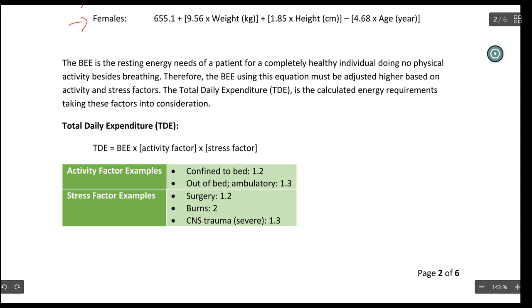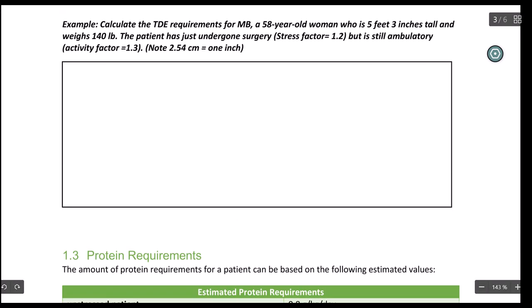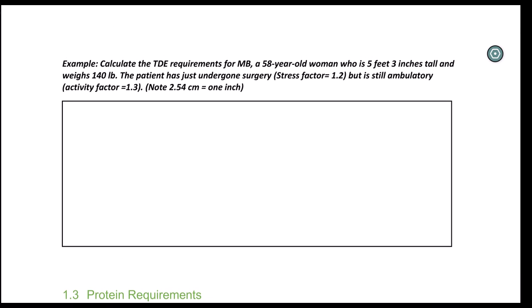If the person had surgery, was a burn victim, or had severe CNS trauma, you would also multiply by a factor, like 1.2 or 1.3. So it's like 20% more here, 30% there, and twice for burns. All right, so let's just utilize the equations. That's all this is. It's a plug and play sort of scenario for looking at the energy requirements.